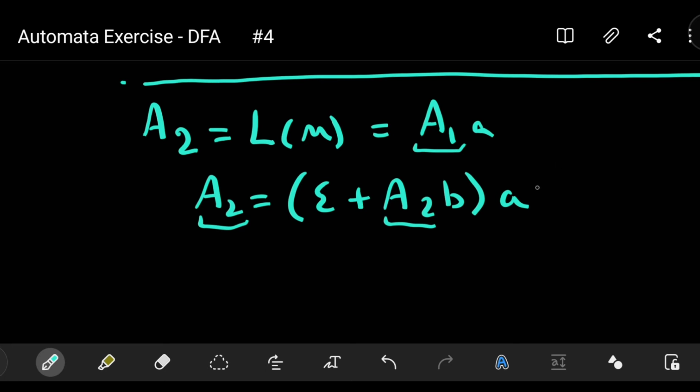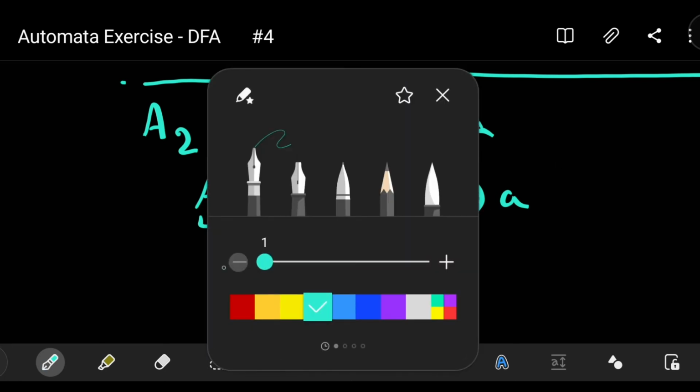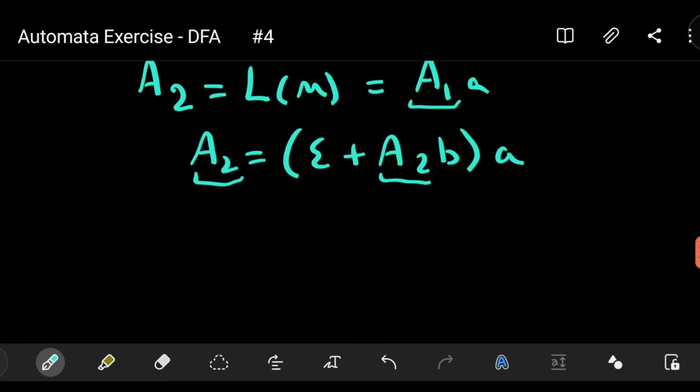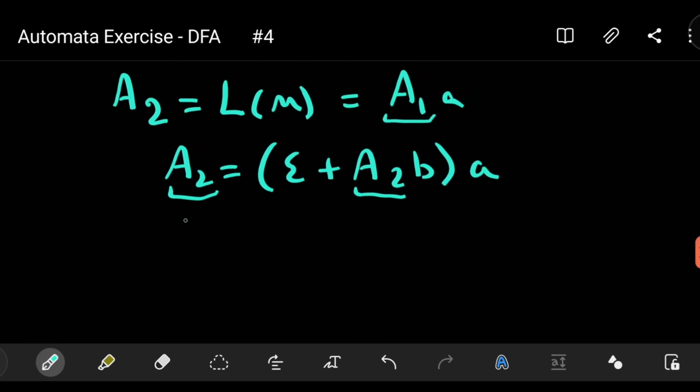So we can use the previously created formula, the famous formula that we have dealt with in automata. So let me put it in a good shape, and then we will substitute. So epsilon times A, and plus A2BA, just expanding.